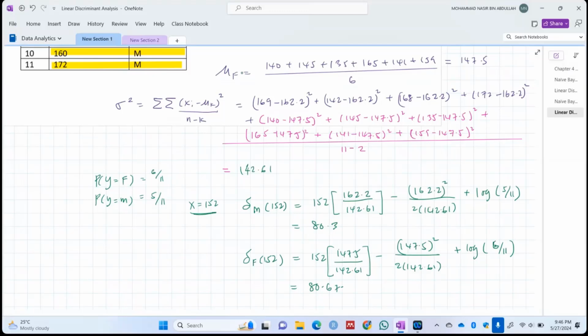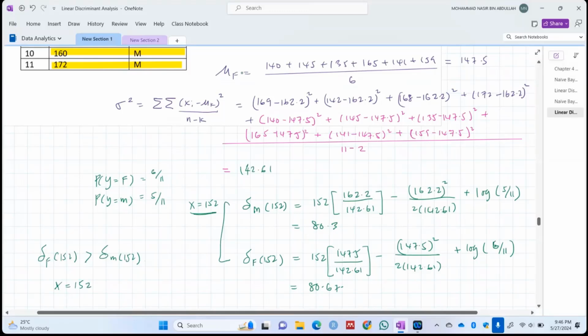So based on this value, delta F at 152 is larger than delta M at 152. So we can classify a person with X height equal to 152 to be female.